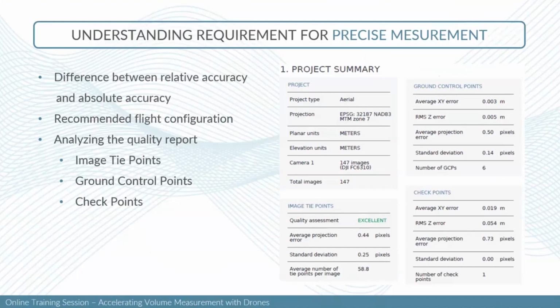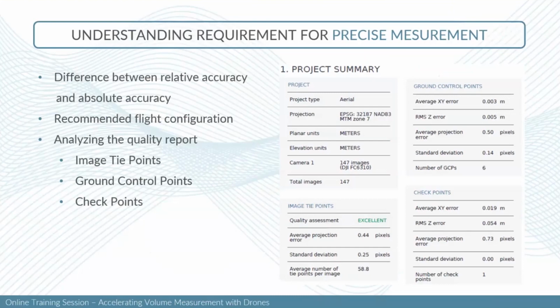Having a good overlap will also reduce the occlusion that you could have between two different images. So basically, you can see points from at least 2 points of view and more. And then you also want to have a good ground sample distance, which is the main key to how well you will be able to extract accurate 3D volumes from your model.